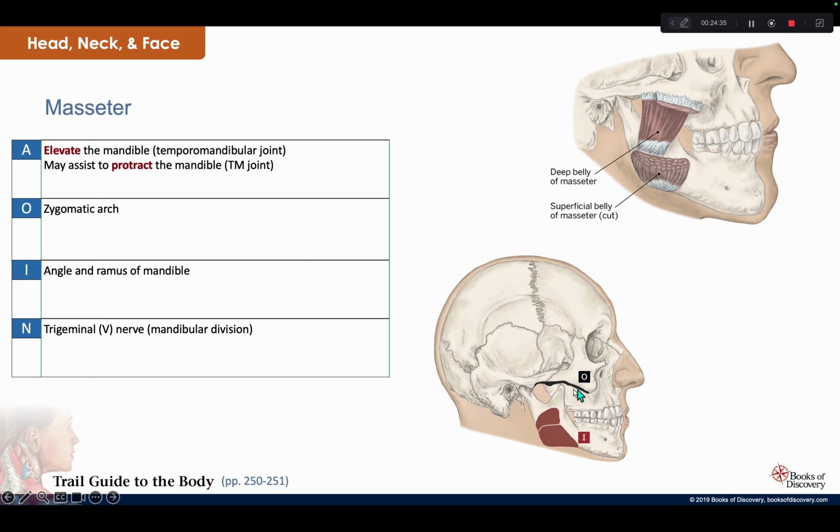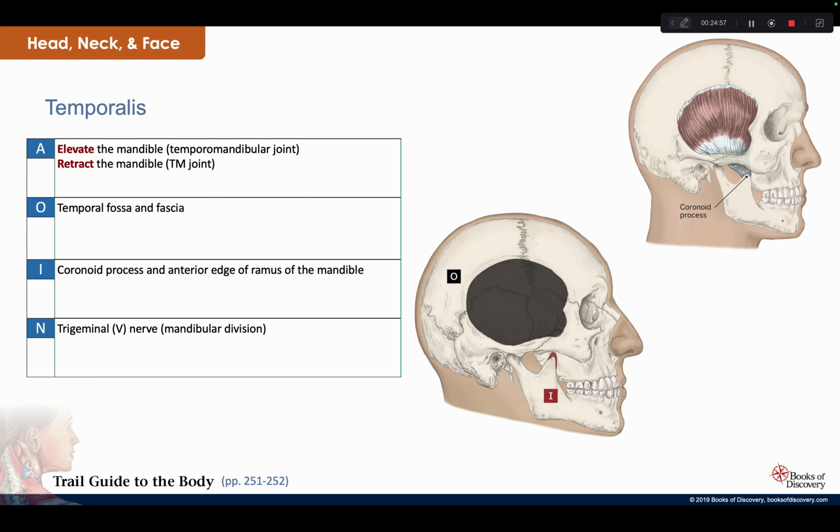So it originates on the zygomatic arch here. Then it runs down and connects on the angle of the ramus and the mandible. Easy enough. That one's easy to feel if you just clench. Just put your hand on the side of your cheek and just clench your teeth, and you can feel it.